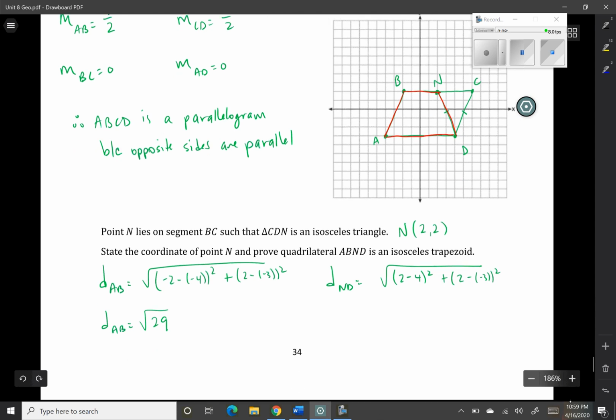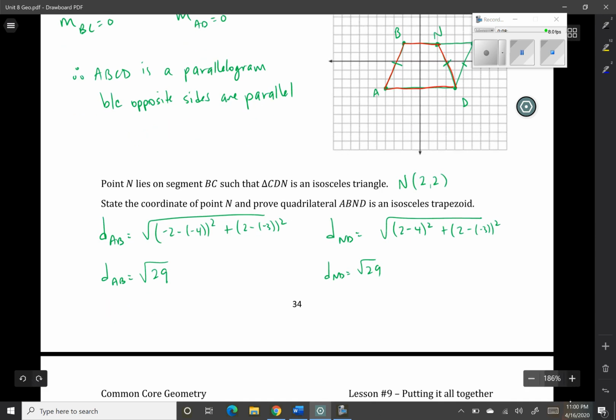I'm going to plug that into my calculator as well, and I'm going to say I also get the square root of 29, making it so that AB and ND are actually the same length, making this not just a trapezoid, but an isosceles trapezoid. So I can say, therefore, ABND is an isosceles trapezoid.